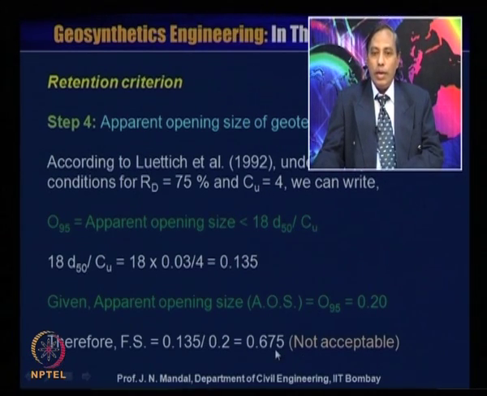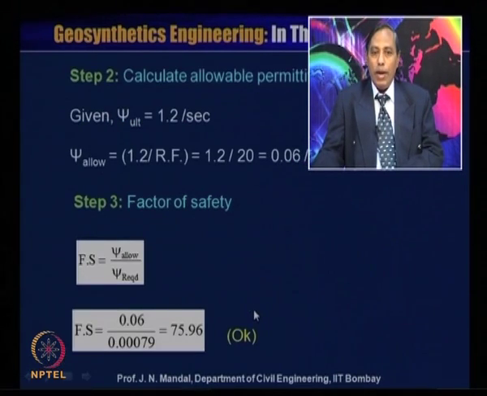So, in terms of the retention criteria, it is not satisfied, because this value is too low. It is only 0.675, therefore it is not acceptable. You can see that the retention criteria is not satisfied, but the flow related criteria is satisfied.